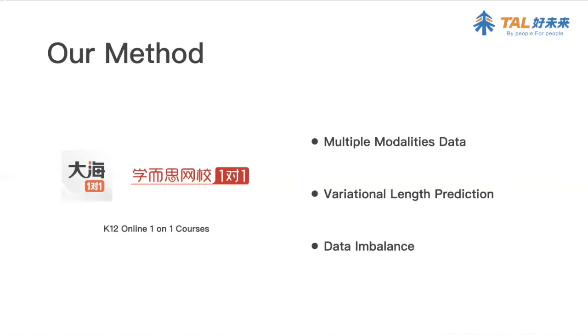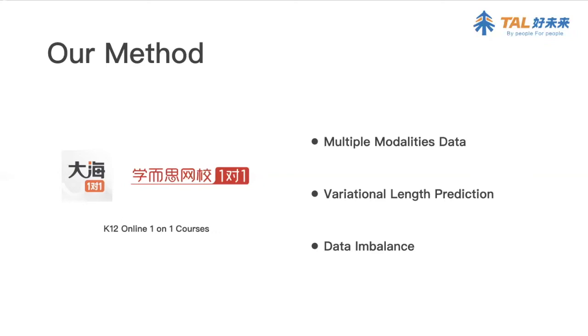Before we go through the details of our proposed method, let's first take a look at the characteristics we concluded for K-12 online students. First, the modality of the data is rich. The K-12 online education platform records not only students' study videos, but also a lot of activity logs, like the students' after-class follow-up records, and even the pre-class promotion negotiations with students' parents.